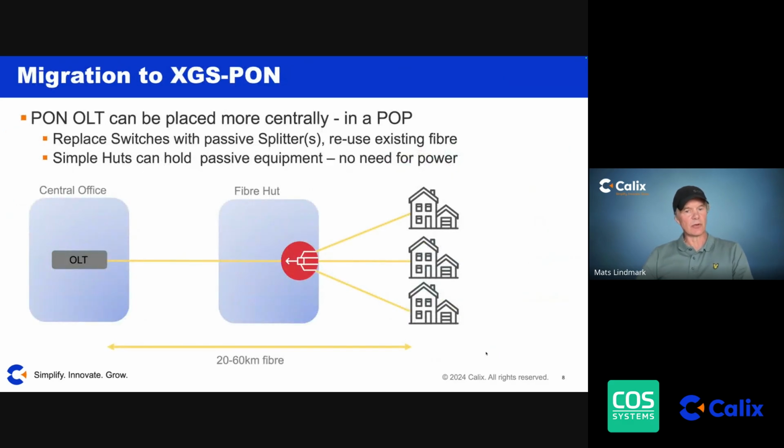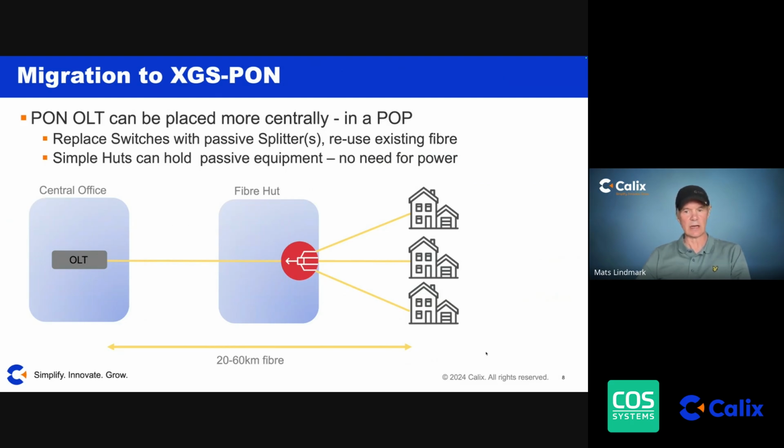This is typically how you see the migration take place. Where you see the fiber hut and the passive splitter device, that is typically where the Ethernet switch was previously placed. Now you can move the active device to a more centrally located place, the central office, and this central office now covers many connections out to the households.